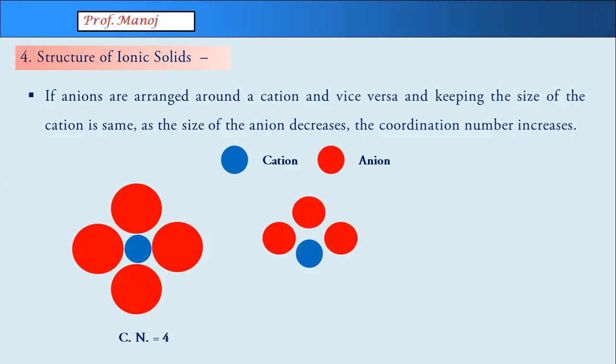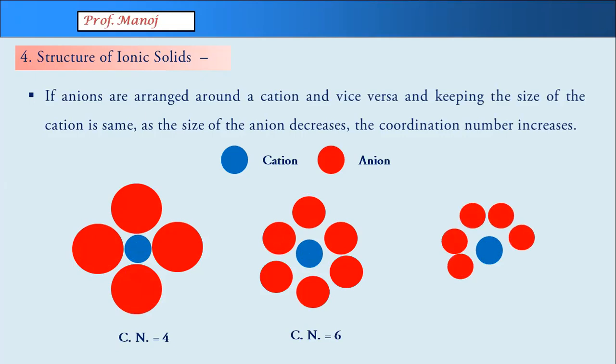Obviously, more anions will be placed. Coordination number will increase. If I still reduce the size of the anion, I will place more and more anions. Cation keeping same, different anions of different sizes will be having different coordination number.